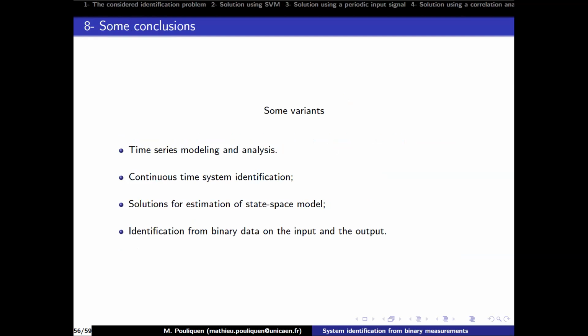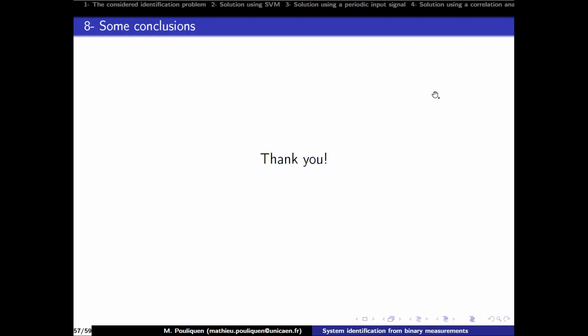And we also have some solution when we only have knowledge of the binary input and output. I only provide you the simplest solutions. There is a lot of other things on the subject. Oh, we are in time. We have even 5 minutes for questions. So thank you, Mathieu.